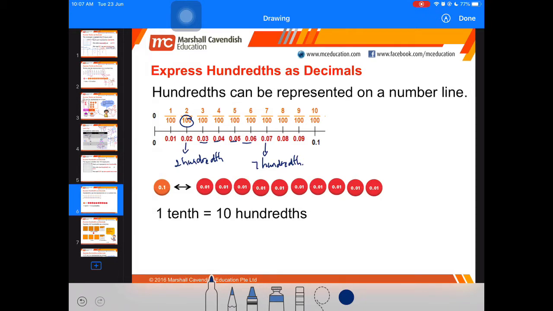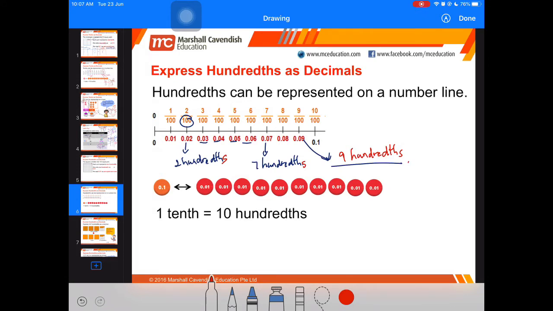So can you tell me what about this one? How do you write this? Okay, give me the answer. Yes, do you get it? 9 hundredths. With the S, please don't forget the S. So got it? Yes.